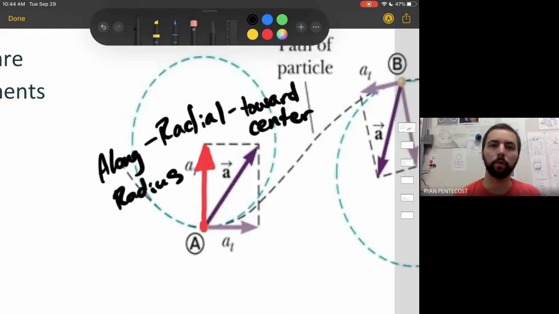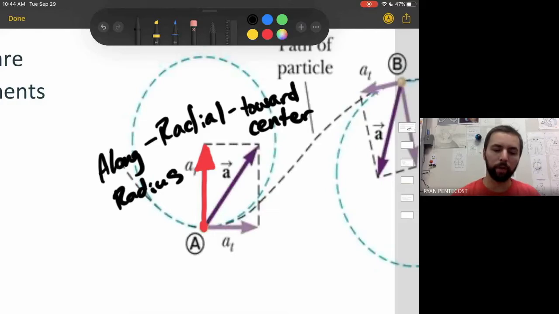Remember we talked about this, that's what causes the change in direction of the velocity vector, because that's the only change we have here. The velocity usually is not changing a whole lot in uniform circular motion, or at least the speed is not changing a lot, but the direction is obviously changing to go in a circle.